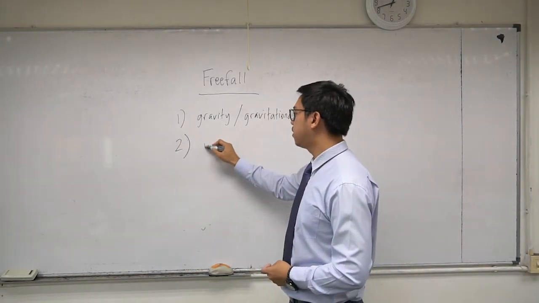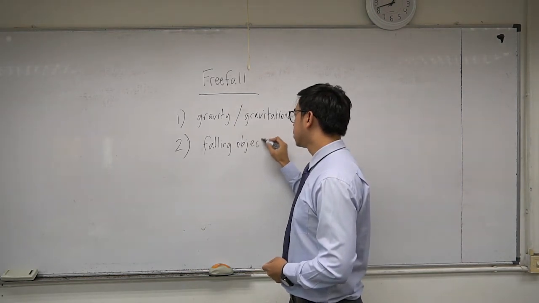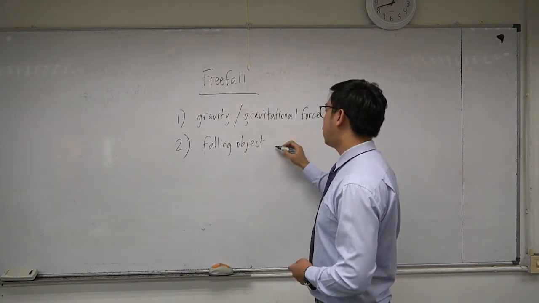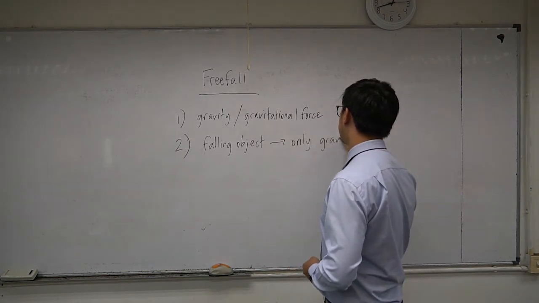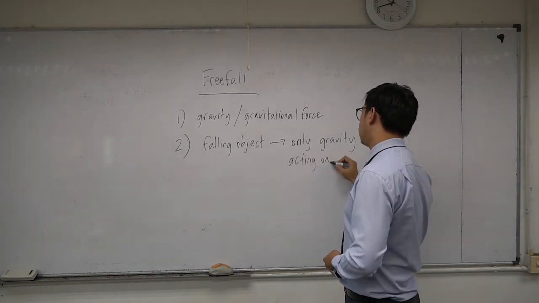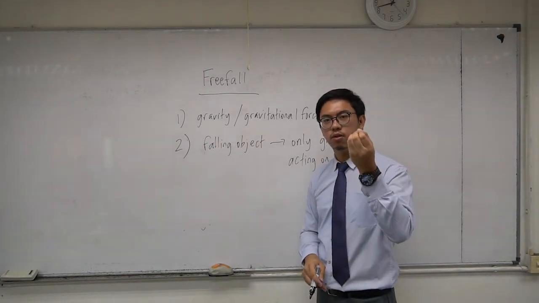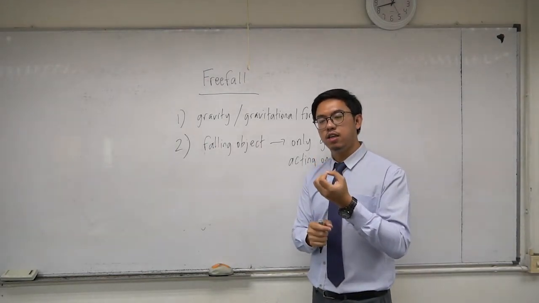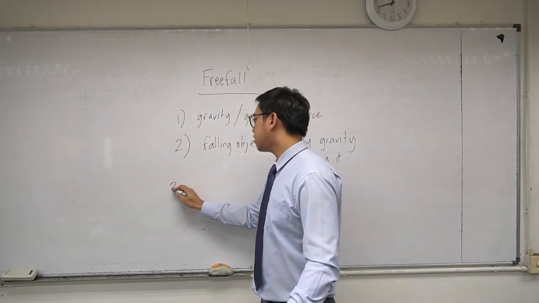Free fall is when a falling object falls with only gravity acting on it. So when an object is falling and only gravity is acting on the object, then we say the object is falling in free fall.